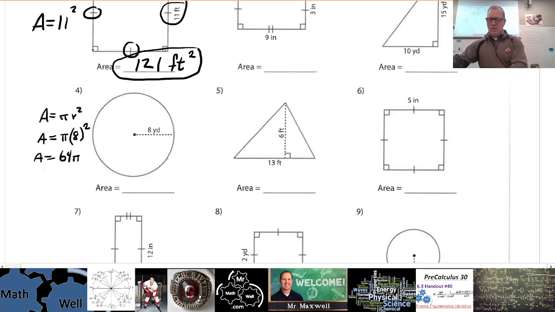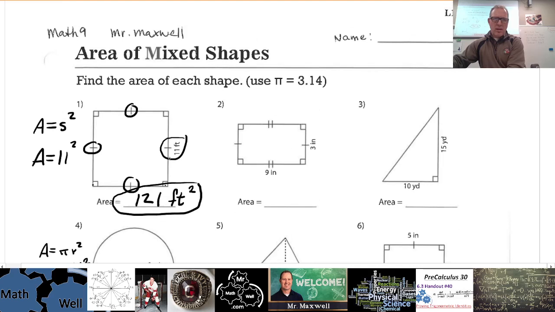Okay, so I'm going to adjust this right here. Remember we talked yesterday about using 3.14? Don't use 3.14. Okay? We're going to change this. You're going to use your pi button on your calculator, or do you remember the number that I suggested you use if you don't have a pi button on your calculator? 3.14.